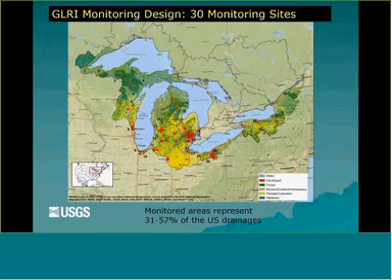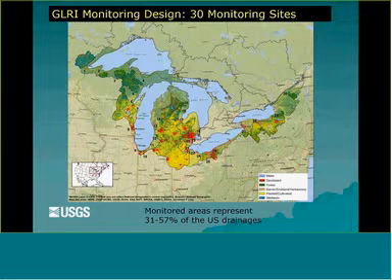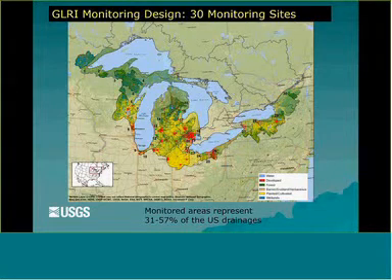What I'd like to talk about today is the Great Lakes monitoring program that I just mentioned, the makeup of the program, and how we're using that to compute the loads. So in this program, when it started in 2011, we started looking at 30 monitoring sites, as you can see across this map, ranging geographically across the entire domain, but also ranging in terms of land uses.